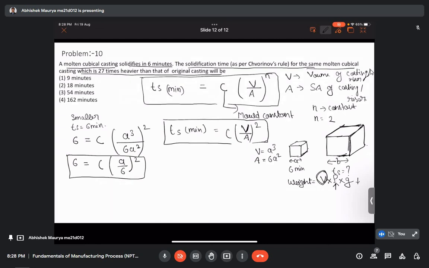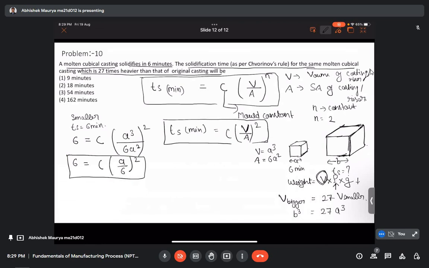So we can say V of bigger is equal to 27 times V smaller. The volume of the bigger cube, because its side length we have assumed is B, will be B cube is equal to 27 times the volume of the smaller one. What was the volume of the smaller one? It's A cube.